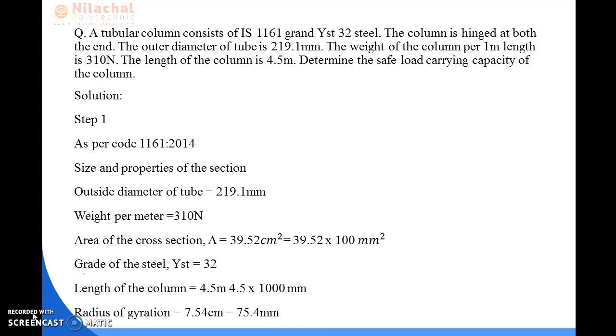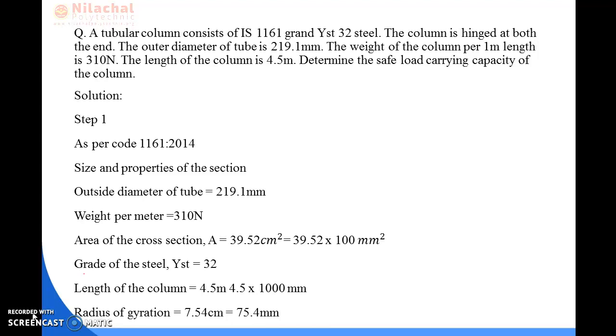In the last class we discussed the procedure of tubular section and how to design the compression member as well as the tension member in case of truss, and compression member for only compression in tubular section. So now we will do a numerical based on tubular column.